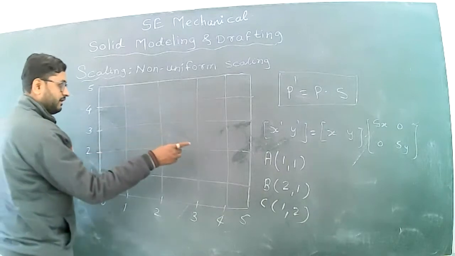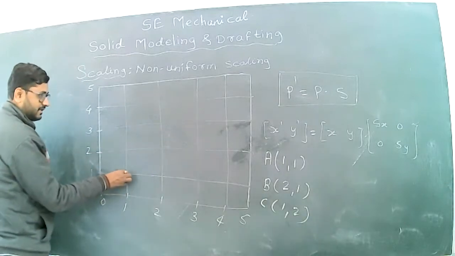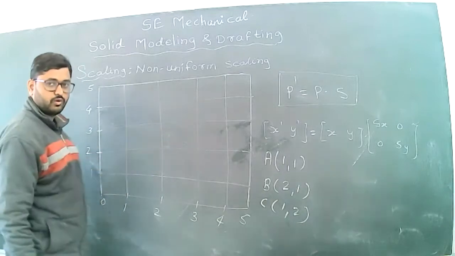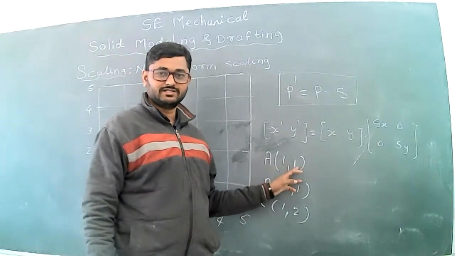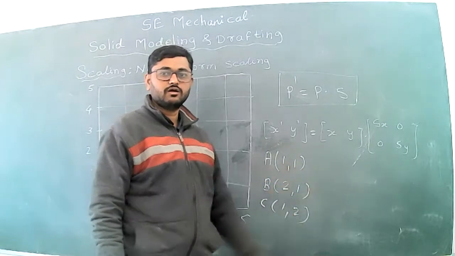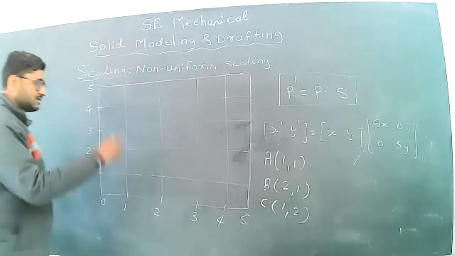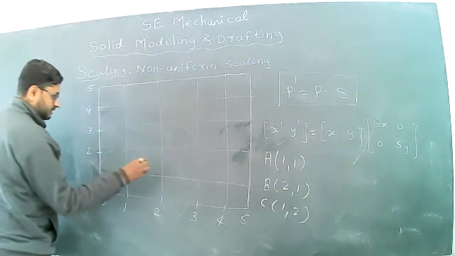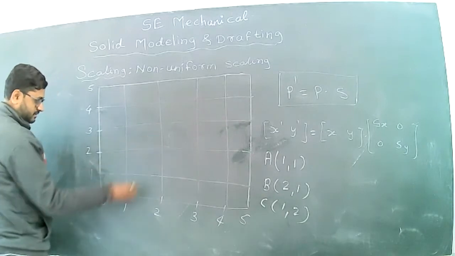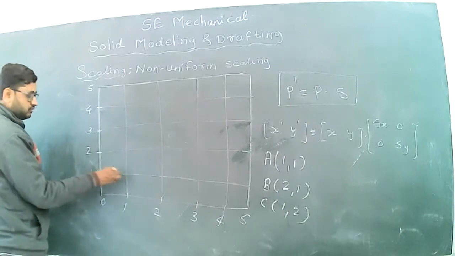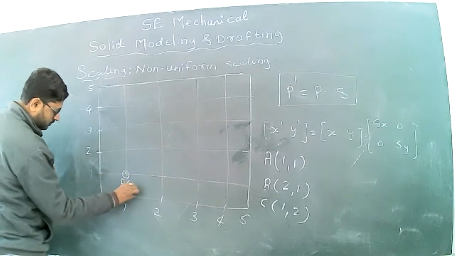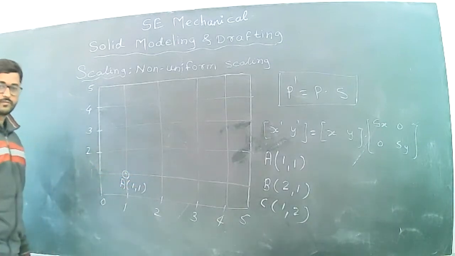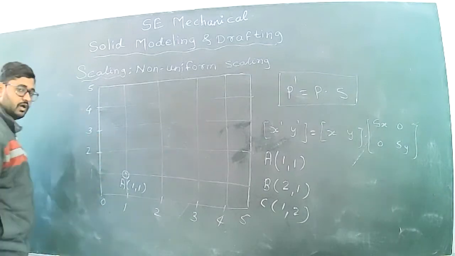So just transform these points into the graph, that is A 1 1. This 1 1 means what? These are the x and y distances along x-axis and along y-axis. So just transform first point A. X distance is 1 and y distance is 1. Here, locate this point as A 1 1.